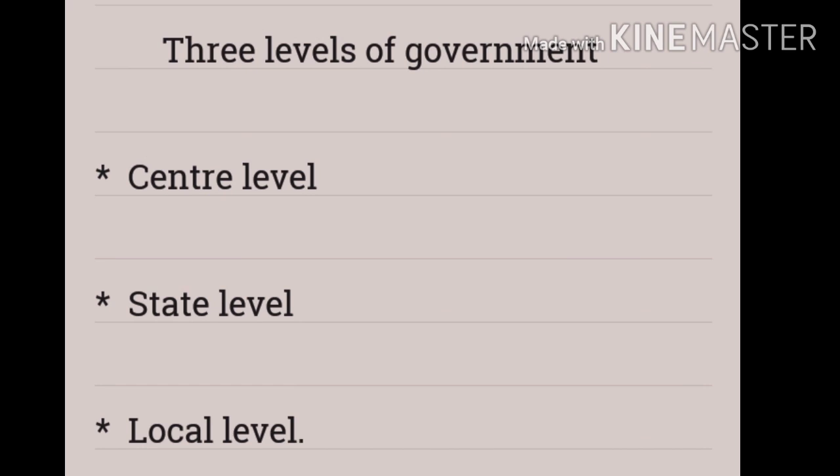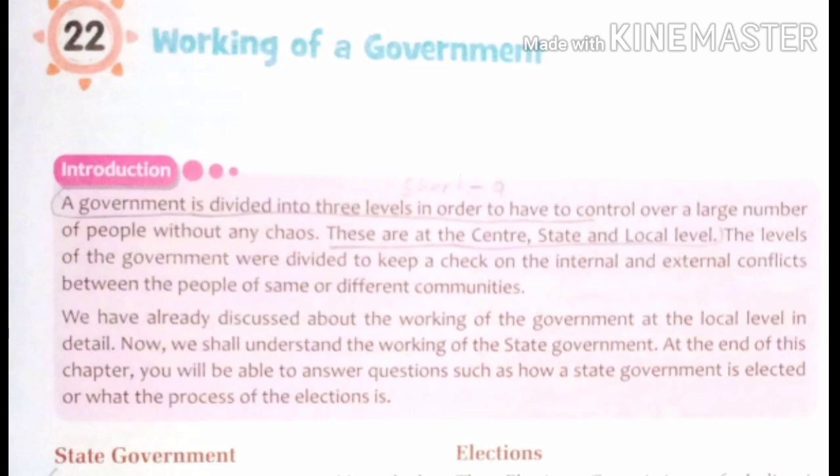Now what is the need of the powers? To control a large number of people, because if there are different groups at different levels, there will be substitution of powers. It will be easy for the government to control the population and to sort out the problems of the common people.